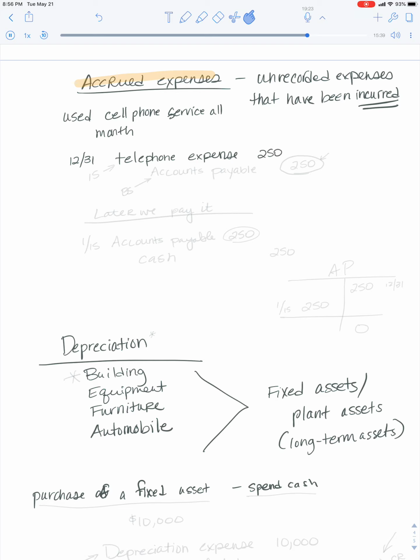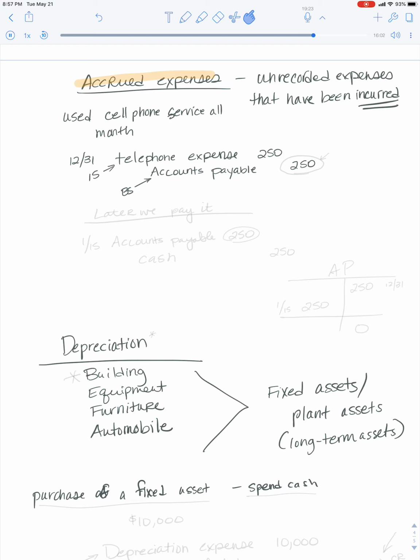And we're going to call this holding place accounts payable. Accounts payable is a liability and we owe this money. So this is going to be our balance sheet holding place. And telephone expense is how we get our $250 on the income statement before we actually pay the bill.